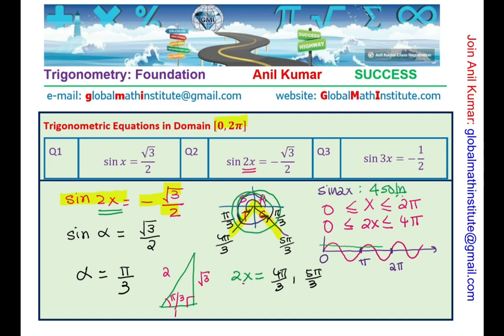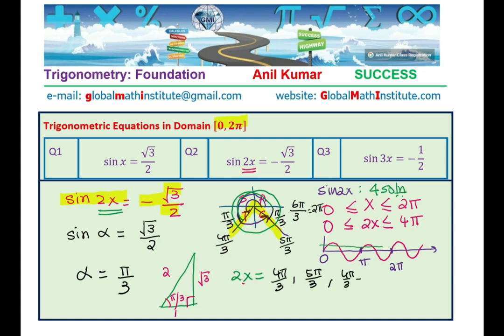So what do we get? When you add 2 pi, you can say that 2 into 3 is 6, right? 6 plus 4 is 10. So add 6 to it, right? So we get this as 10 pi by 3, adding 2 pi to each. So the other two are 4 pi by 3 plus 2 pi and 5 pi by 3 plus 2 pi.